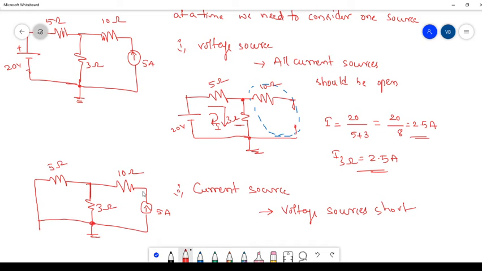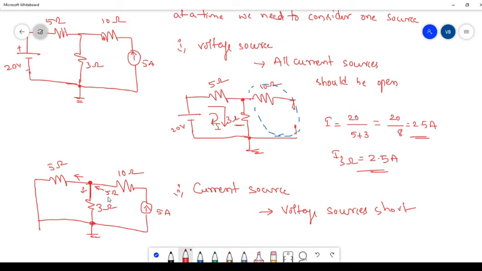Here the 5 amperes current passes through the 10 ohms resistor. Up to here that current is 5 amperes, right? Here there is a node, then the current will be divided in this direction and in this direction. We need to calculate the current across the 3 ohms resistor. Then we can apply the current division principle here.